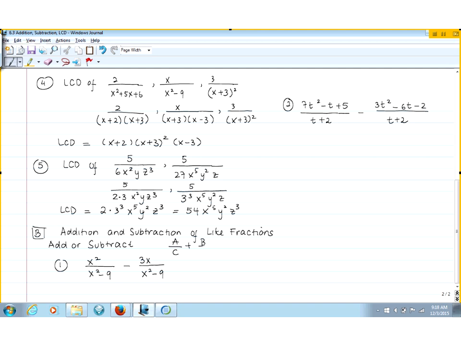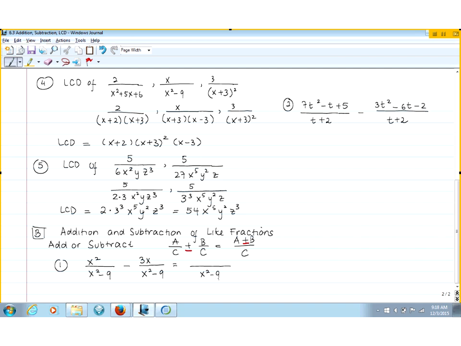If I have A over C plus B over C, this is equal to A plus B over C. And the same thing with minus: A over C minus B over C is A minus B over C. It works for both. So I have a common denominator here, x squared minus 9.